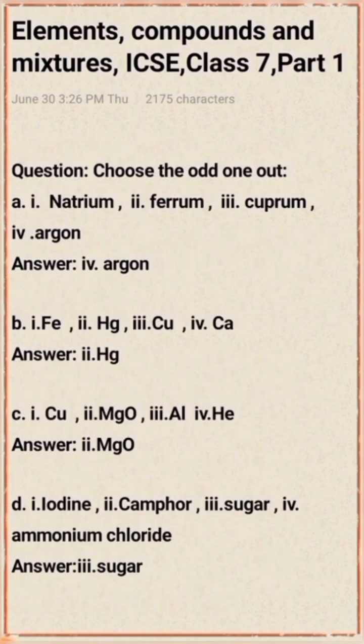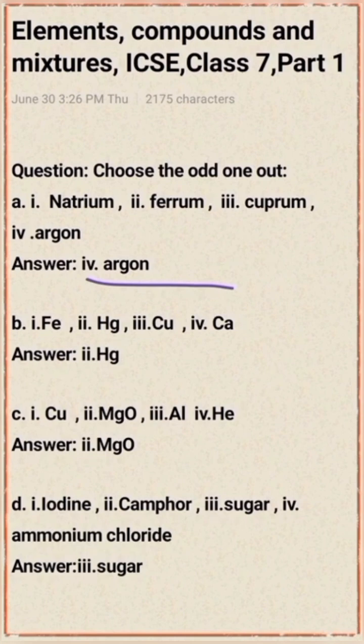Next question type. Choose the odd one out. Number A. 1 natrium, 2 barium, 3 cuprium, 4 argon. Argon is the odd one. Next B. 1 Fe, 2 Hg, 3 Cu, 4 Ca.